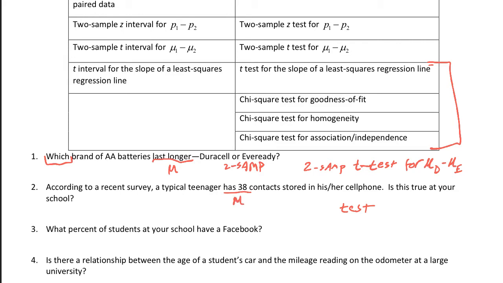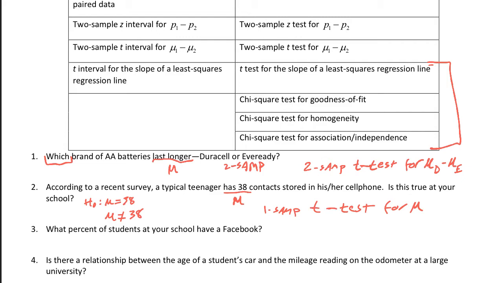So the null is mu at my school is 38, and the alternative is mu is not 38, a 2-sided test. This would be 1 samp, because I'm just going to check people at my school. T test for mu.